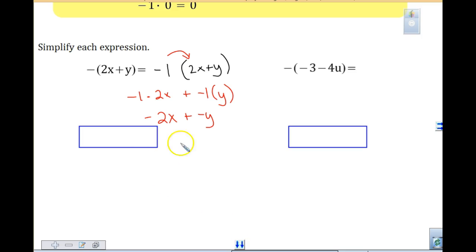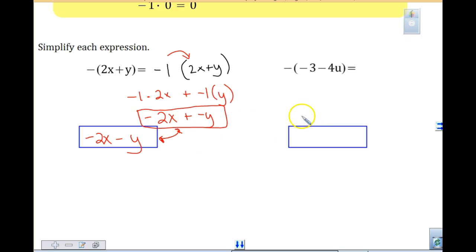Oh, but I don't like having this plus negative. I will take this as an answer and I would not mark it wrong all this year. As you get into algebra, my algebra students make a lot less mistakes with the plus and negative than when they do a minus. But this answer would also be correct, -2x minus y. Both of these are correct answers, okay? I would take it in either form.